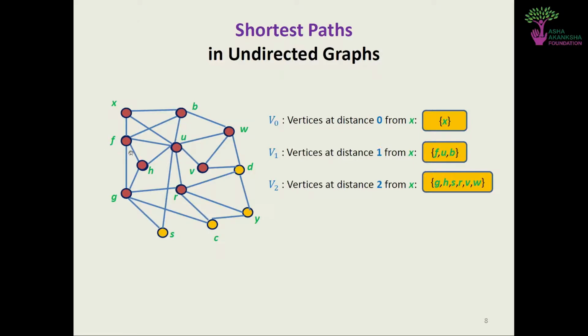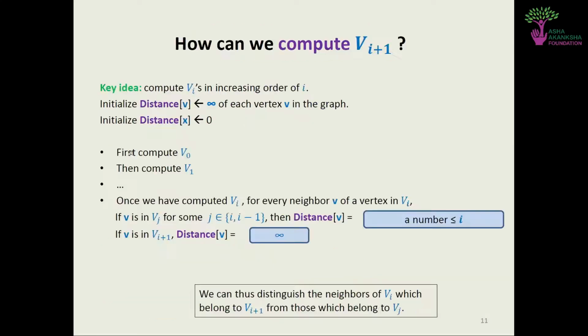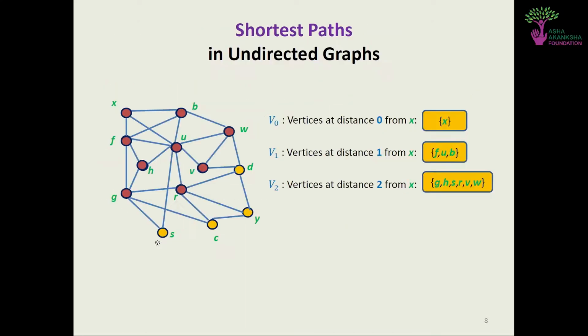So in that case, it would be this below case: distances are infinity, so v will belong to V(i+1). Since i was 0 for this example, all three of these, f, u, and b, will belong to V1. And the distance would be distance of Vi plus 1. The distance for this was 0, so the distance would be 0 plus 1, which is 1.